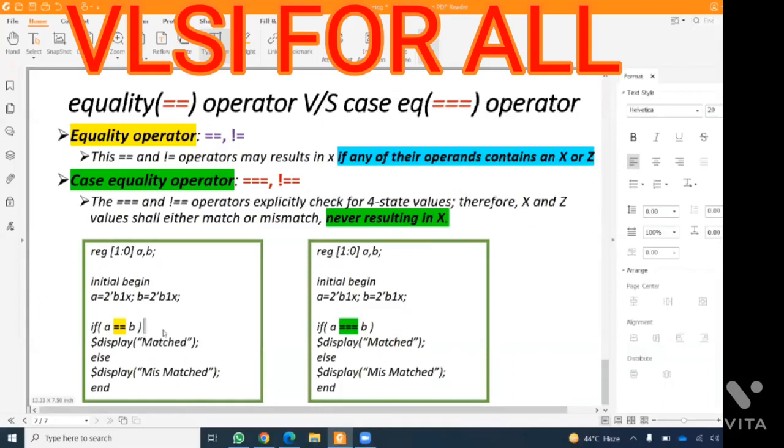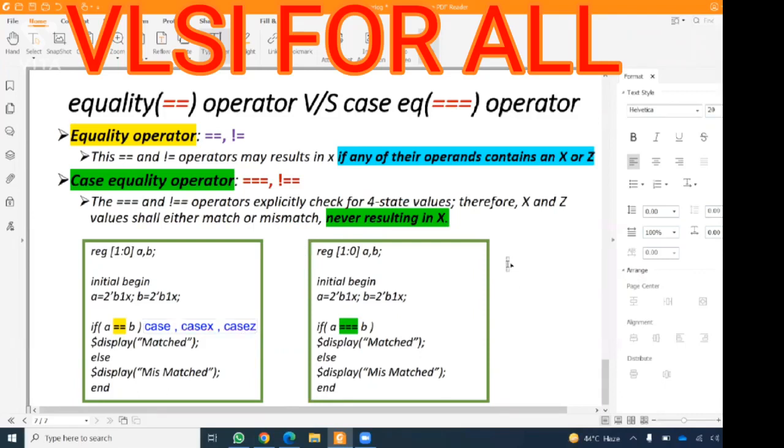Is that equality operator also applicable in SystemVerilog? No, case X and case Z are a different thing, right? These are not operators. This is a different concept itself. They behave in a similar manner, but they are different.